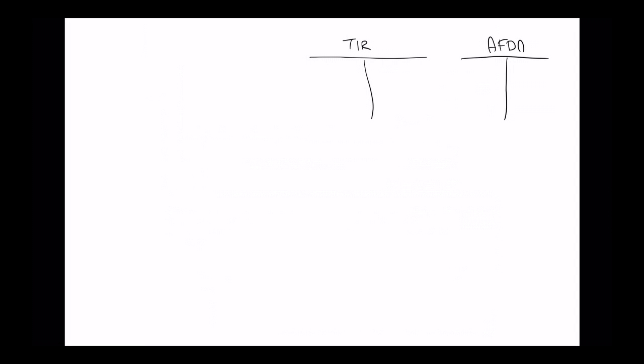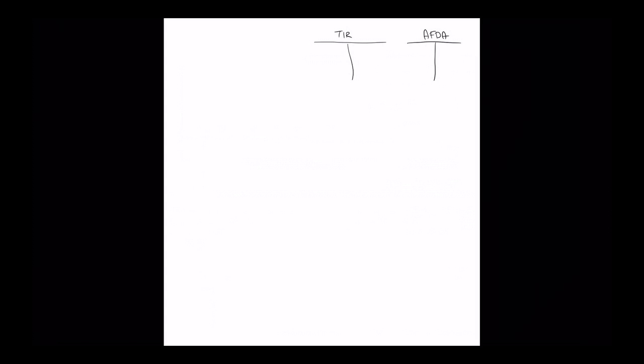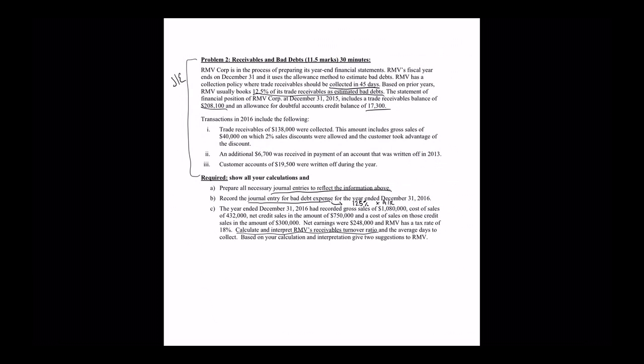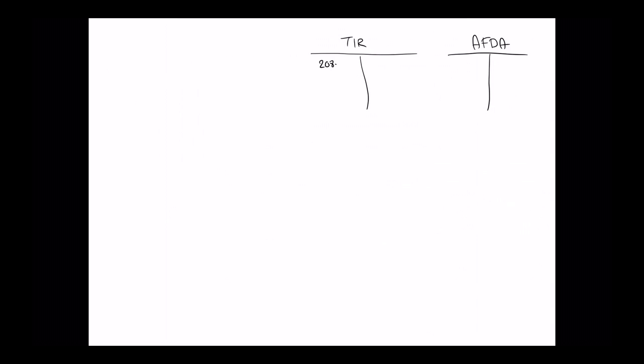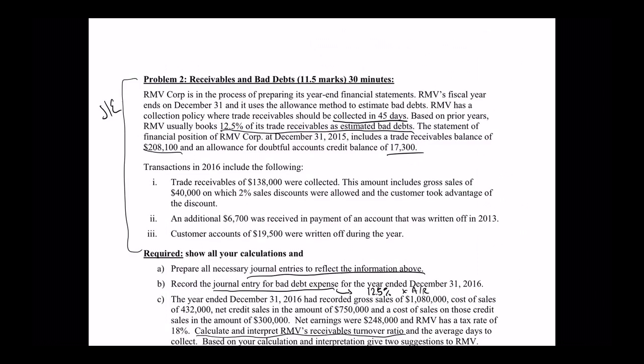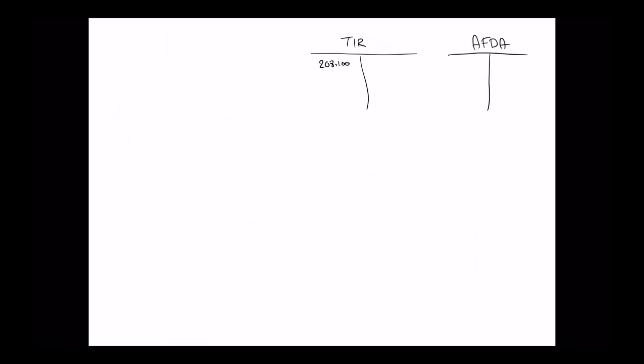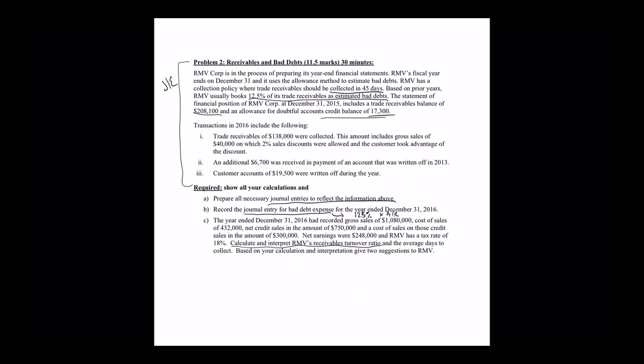And as we do our journal entries, we're going to plug them into our T accounts so that we can know what our ending balance is for both accounts. So for trade receivables, we have a balance of $208,100. And for AFDA, we have a credit balance of $17,300.